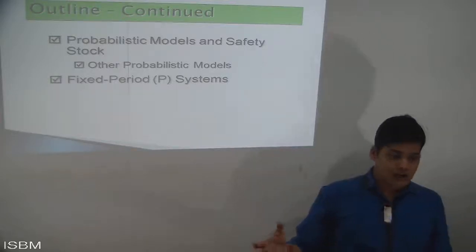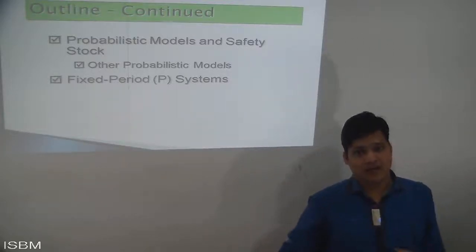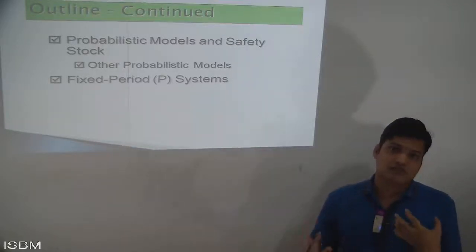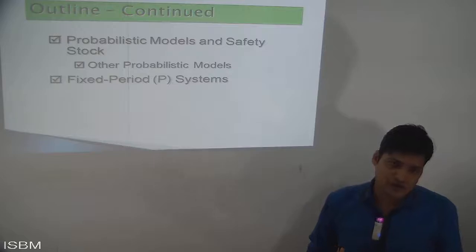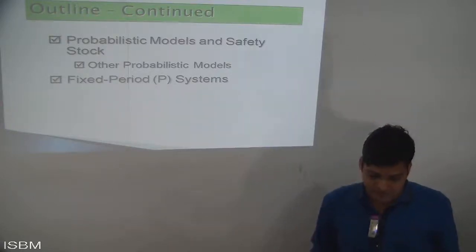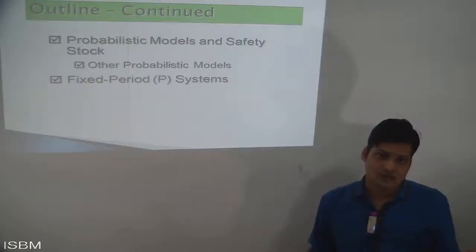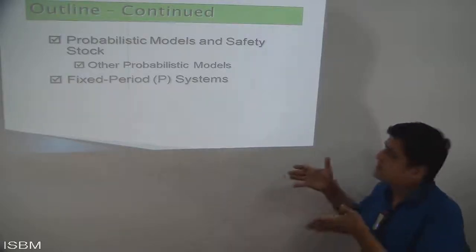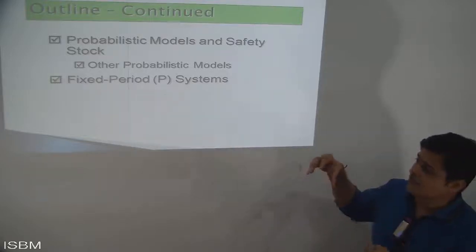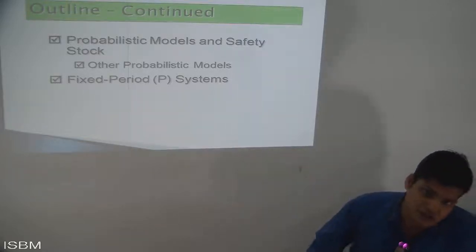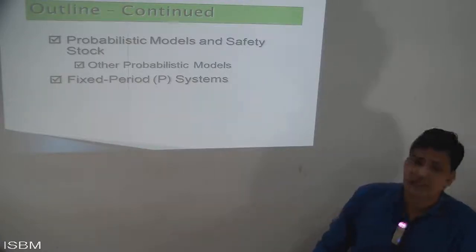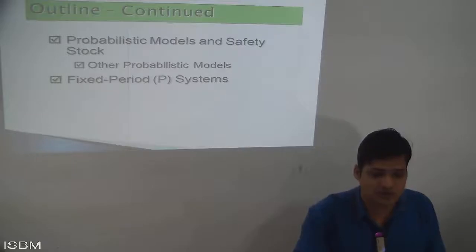We require something to save those stocks, those commodities, so that we will not suffer that much loss. So we require some safety stock to create safety. There is also cost involved. Then the other probabilistic model, then the fixed period system, which we are going to learn.